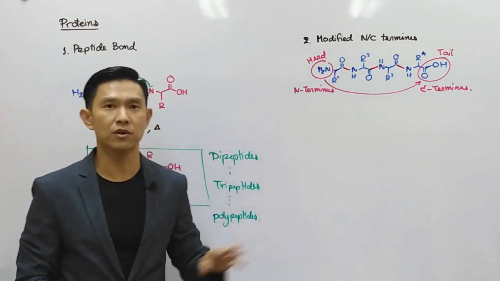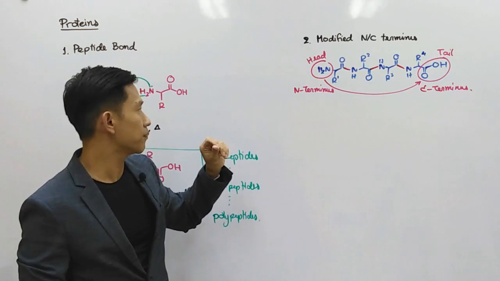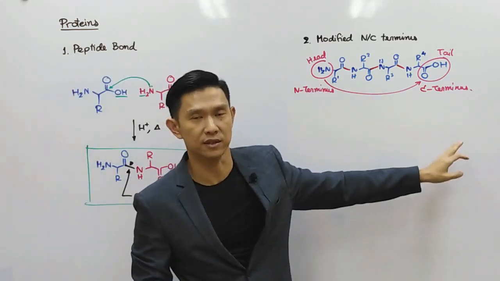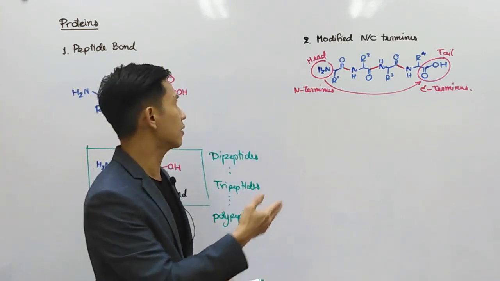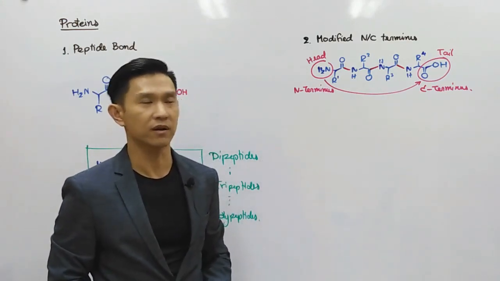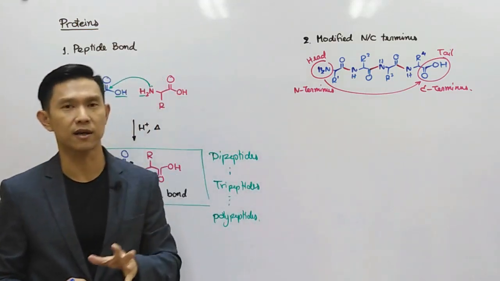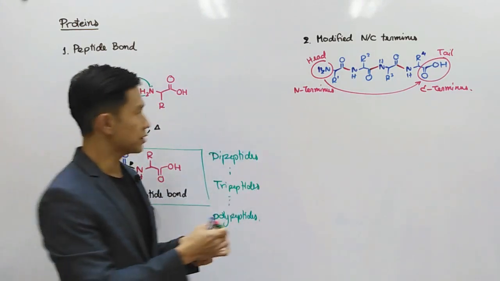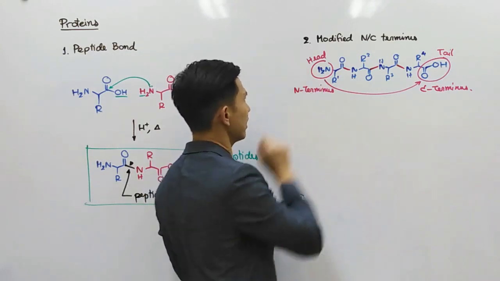So sometimes your proteins or peptides, instead of leaving head and tail free like this, capture or modify the N terminus and C terminus with something else, right? For example, if we have acetyl coenzyme A reacting with this one, we can acetylate the amino group with acetic acid.